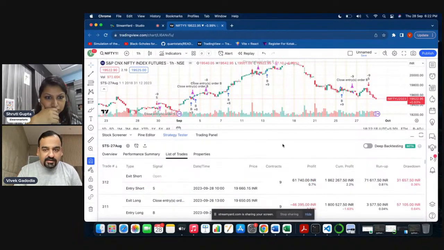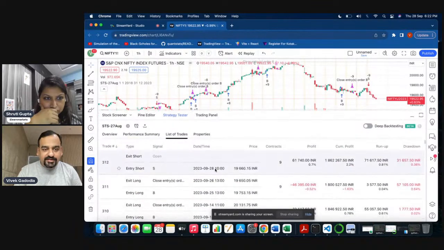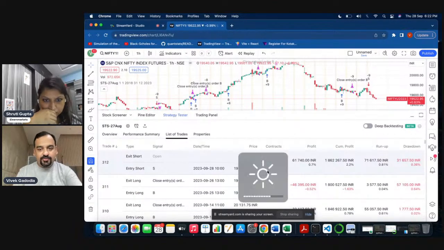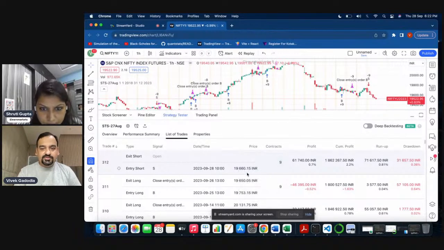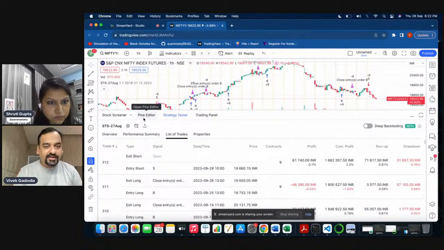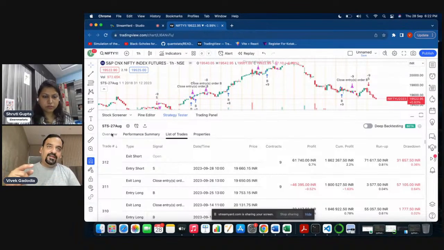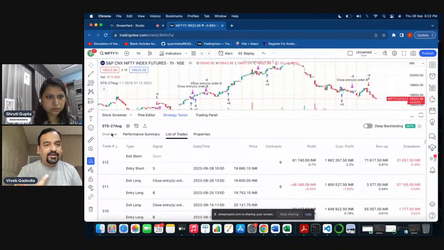So you can see this trade is running right now with about 0.7% profit. Here there is also a position sizing rule we have built. Using 10 lakhs of capital, we started with 3 lots, and as and when the equity curve is going up, meaning we are making money, the algo increases the quantity.